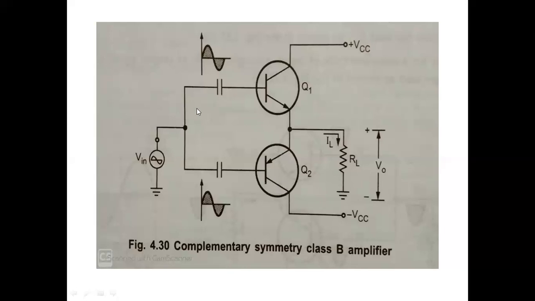And in that situation, if you are applying some negative signal to the base of the NPN transistor, it is in off condition. That is, Q1 is off. There is no signal due to Q1. So for a complete cycle of input, we can get a complete cycle of output at the load resistance RL.